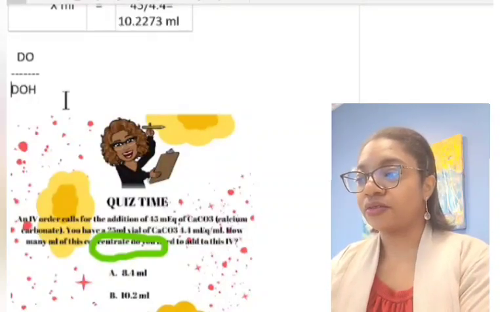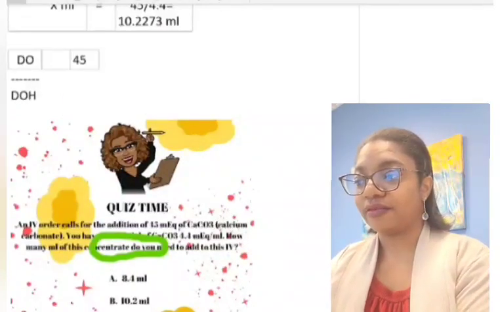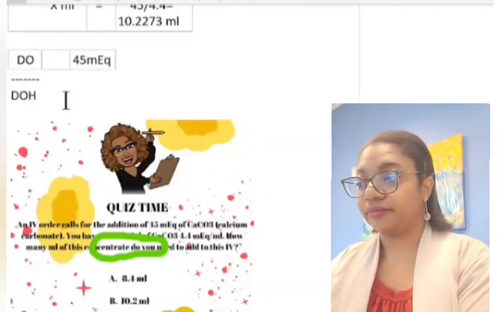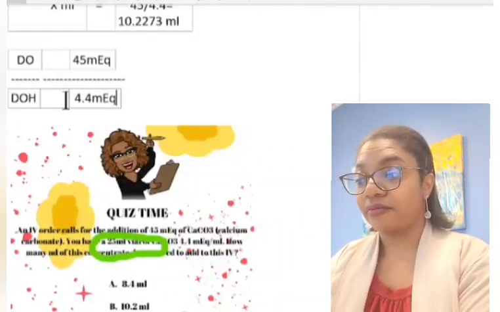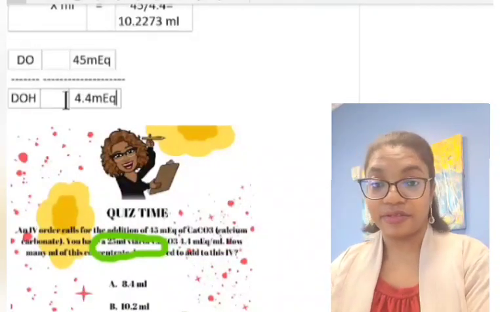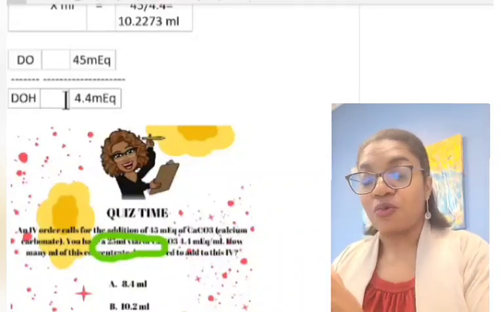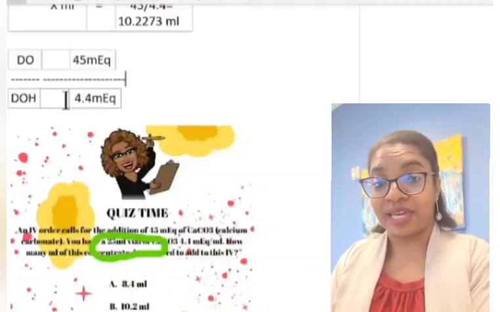Our dose ordered is 45 milliequivalent divided by dose on hand, 4.4 milliequivalent. Very similar to what we've just done with ratio proportion, only with ratio proportion, we mapped out each step that would lead us to this final answer.